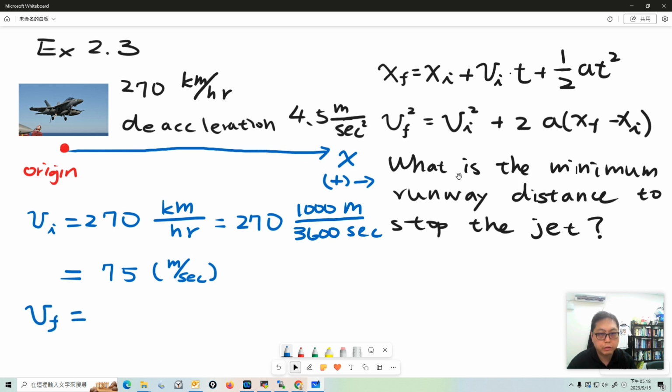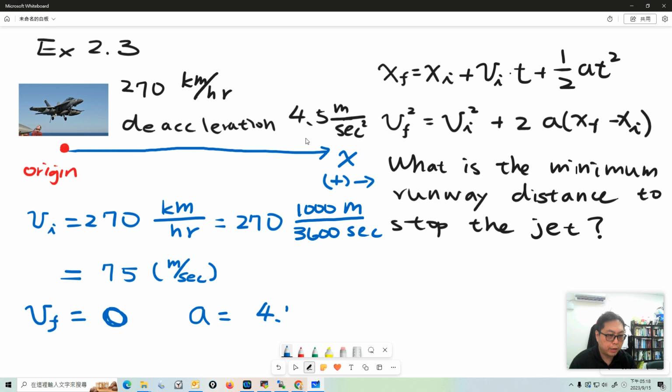Because the problem asks for the minimum runway distance to stop the jet, the final velocity is 0. And then it also gives us the acceleration, 4.5.